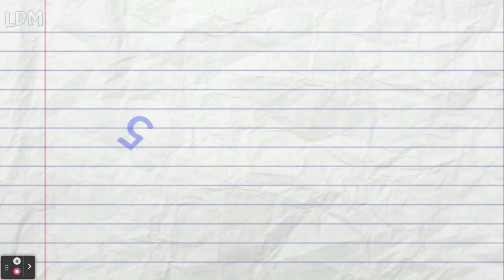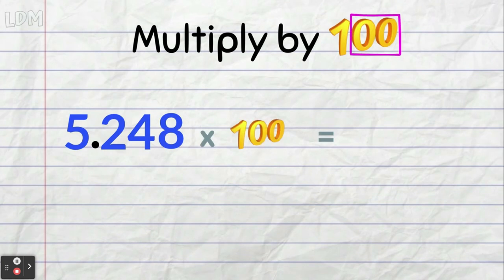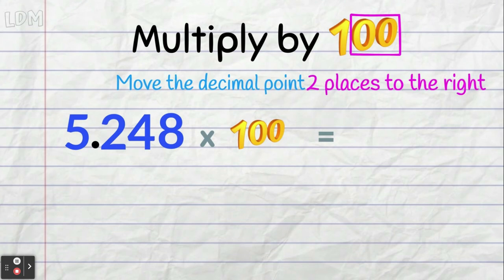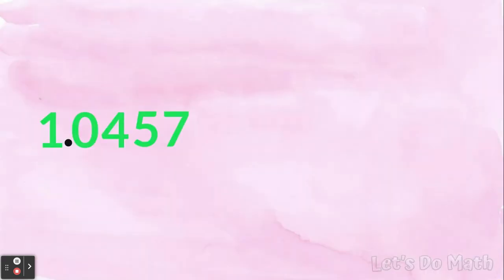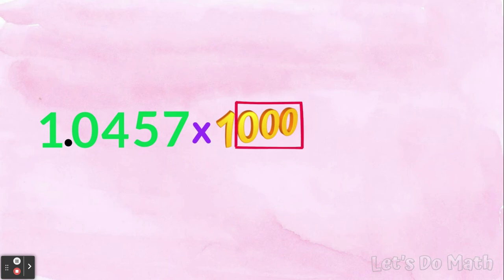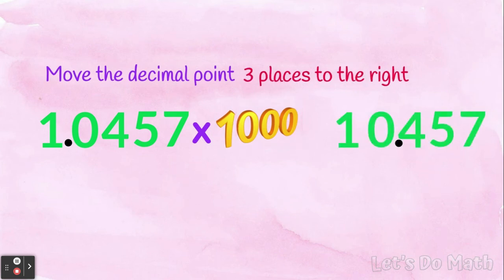And what if we had 5.248 and we have to multiply it by 100? 100 has 2 zeros. We need to move the decimal point 2 places to the right. 1, 2, 524.8. And what if we had 1.0457 and we had to multiply that by 1000? 1000 has 3 zeros, so we're moving the decimal point 3 places to the right. 1, 2, 3.